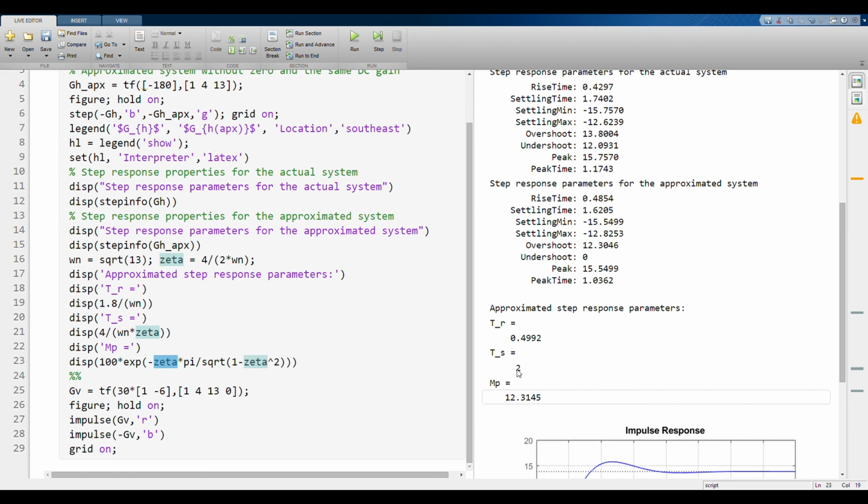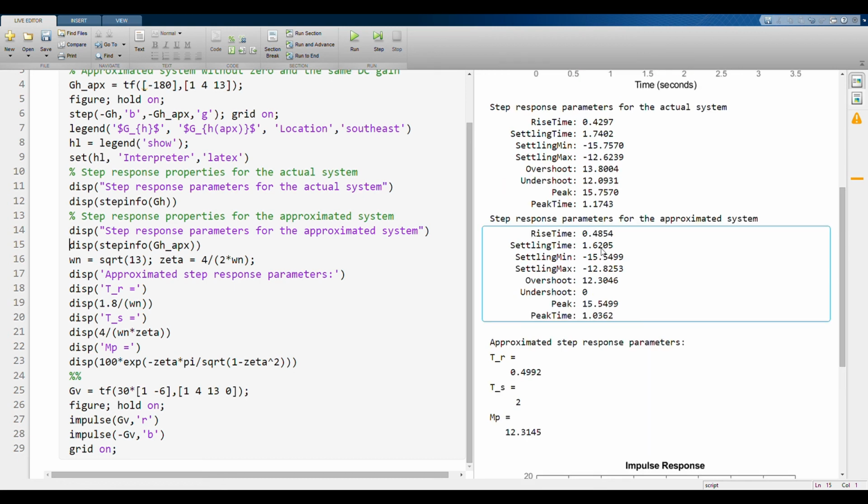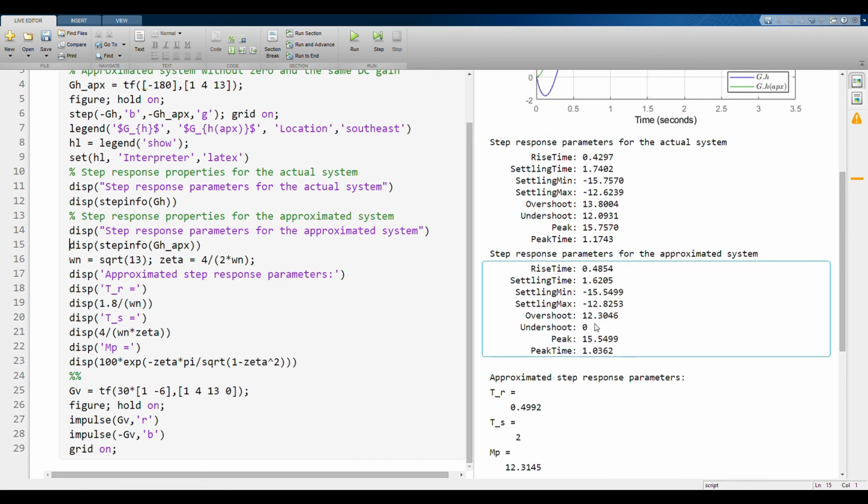The settling time is equal to 2 seconds. And from the approximated system using the step info, we have 1.6, and for the actual system, we have 1.74. And the overshoot is equal to 12.31, which is again closer to the overshoot that we get from the approximated system using the step info command.